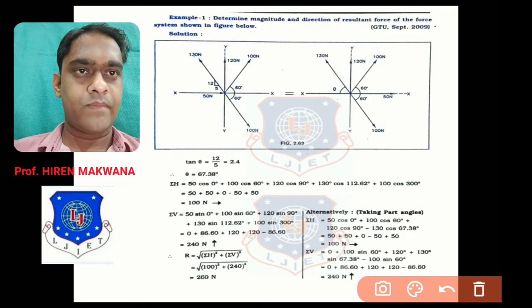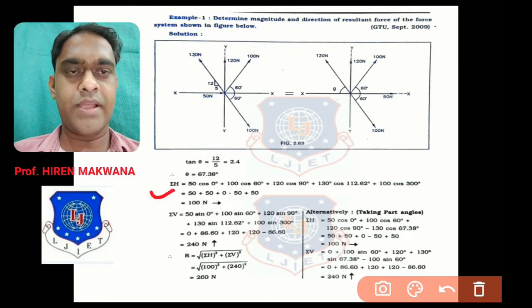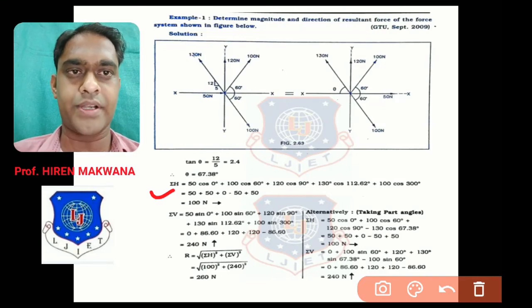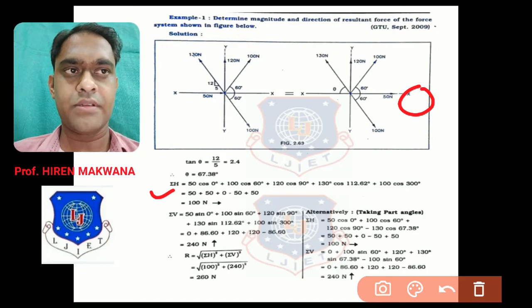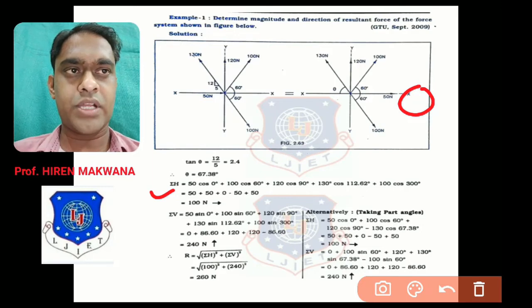Concentrate over here. We are finding sigma h now. Sigma h means all horizontal components, cosine components. So starting from the positive x-axis always. Okay, must remember the method. Start from the positive x-axis always. What is the first force? First force is 50.